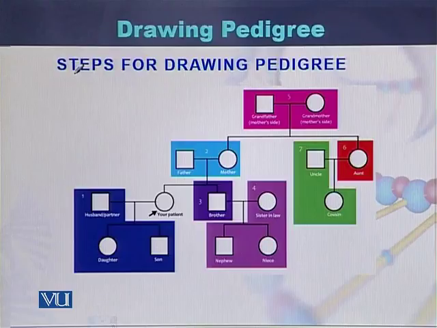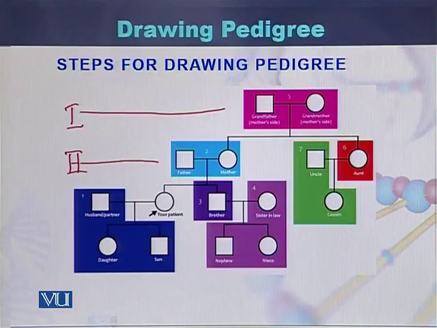Here we can say that this is the first generation, this is the second generation, this is the third generation, and this is the fourth generation. So these are the 4 generations.